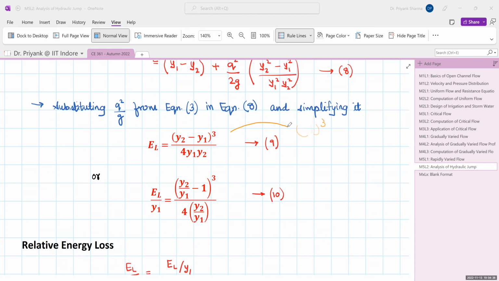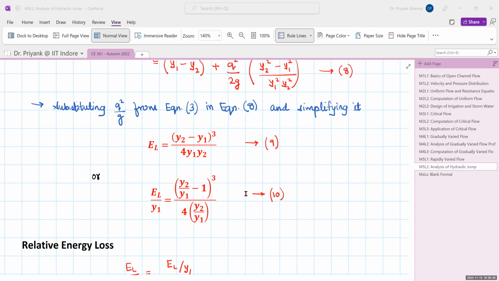So that expansion can be applied here. So EL is (y2 minus y1) the whole cube upon 4 y1 y2. So the energy loss in the hydraulic jump is purely dependent upon the pre-jump and post-jump depth. So y1 is the pre-jump depth and y2 is the post-jump depth.